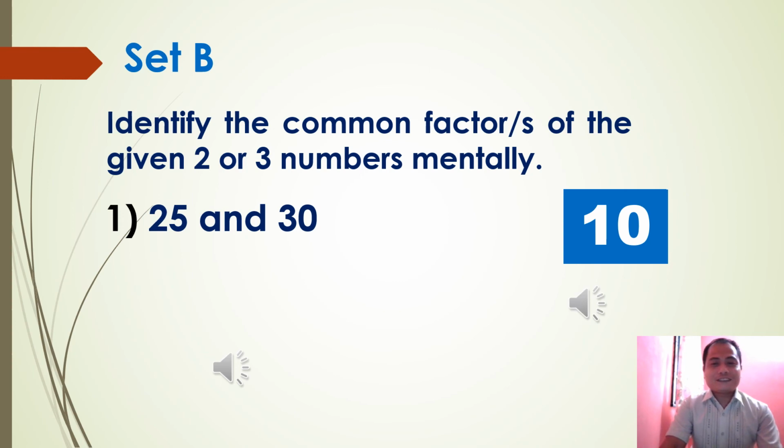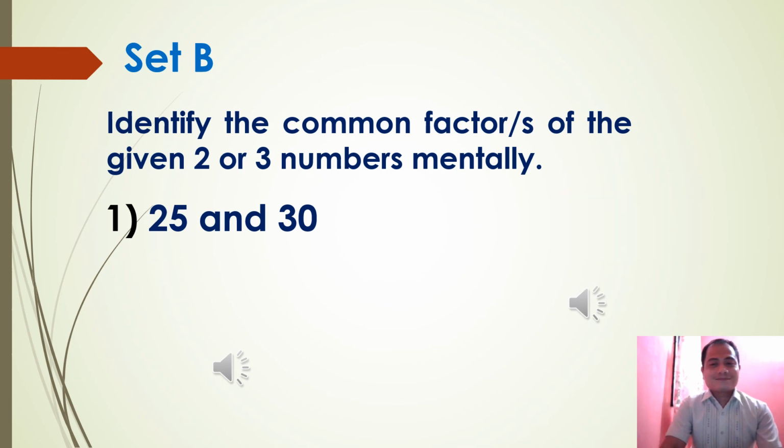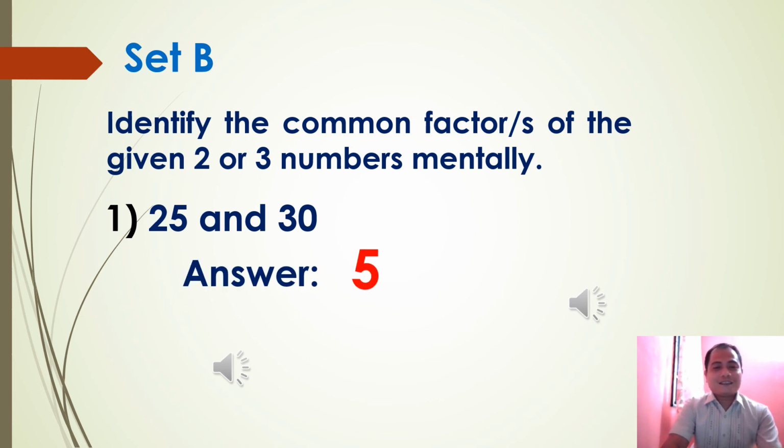You have 10 seconds to answer. Okay, time's up. The common factor of 25 and 30 is only one, which is 5. Both end with 0 and 5, so the common factor is 5.